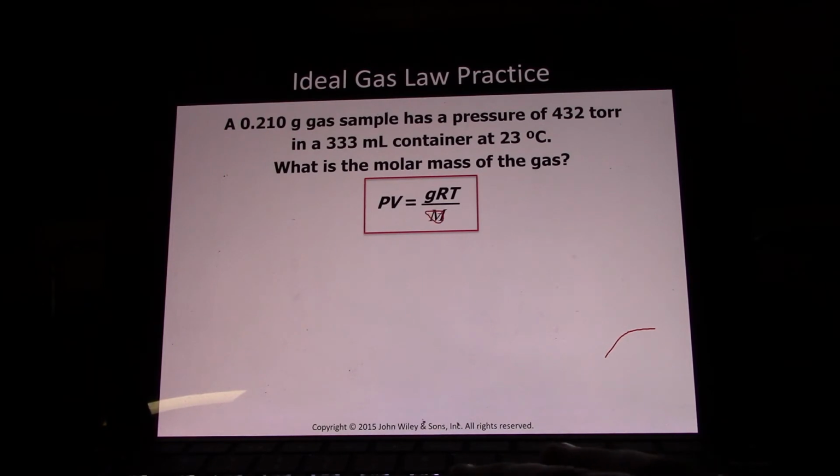And we're solving for M. So we cross multiply. There is nothing under PV, so you just put a 1 there, because PV is the same thing as PV divided by 1. And we get PV capital M for molar mass equals gRT.